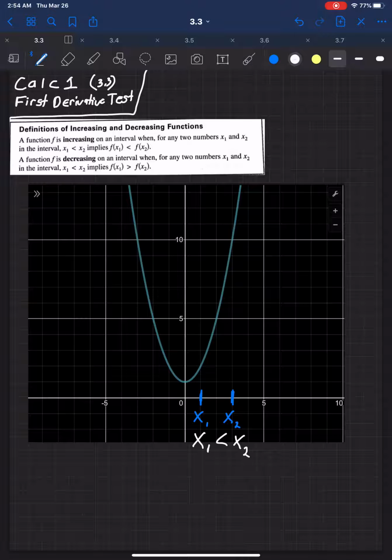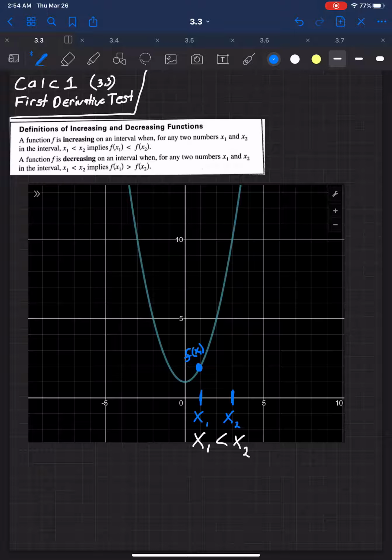Now, let me go ahead and plot f of x sub 1 and f of x sub 2. So if I take this point and I were to substitute it into whatever function this is, this would be f of x sub 1.